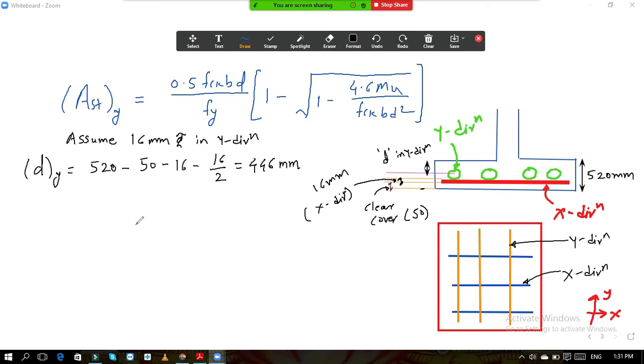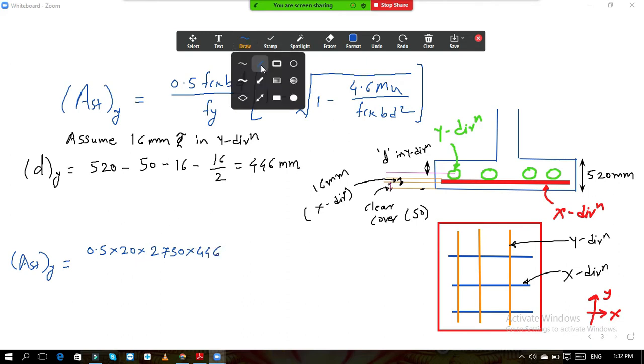So now after this calculate the AST in y direction, area of steel in y direction. AST in y direction is equal to 0.5 into 20 into 2750. Now your depth is 446.